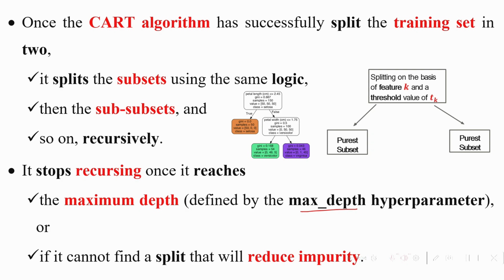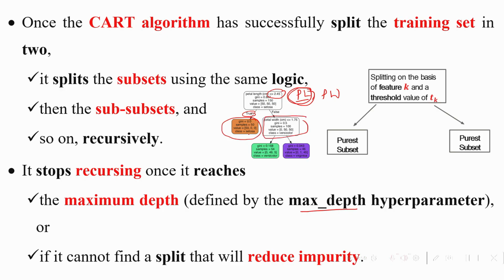For example, in our example we are having petal length and petal width. In the first condition, we check the condition on the petal length. If it is less than 2.5 centimeters and true, all elements belong to one class and the remaining elements belong to the second class.